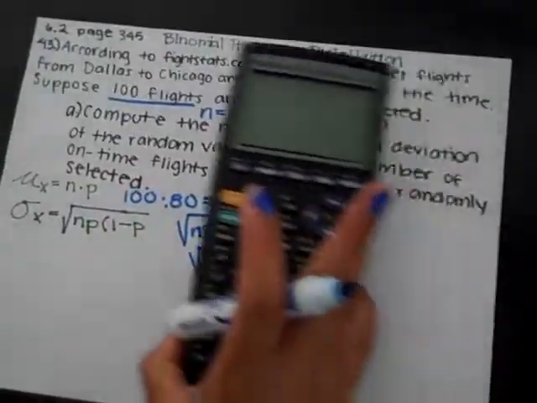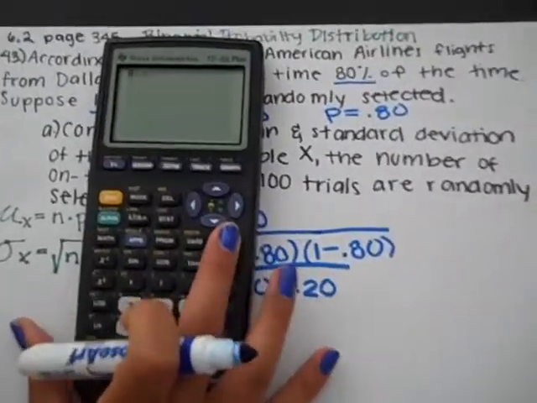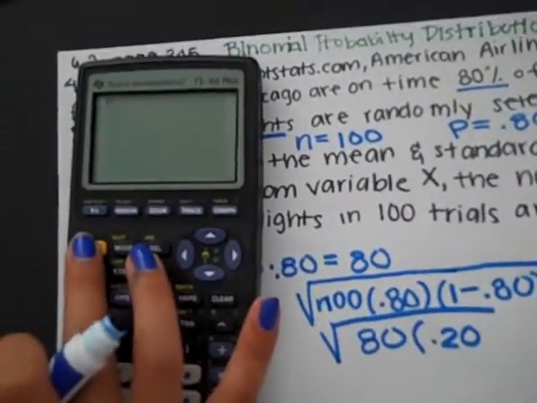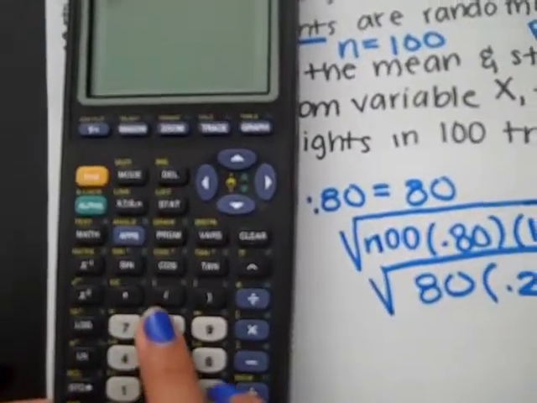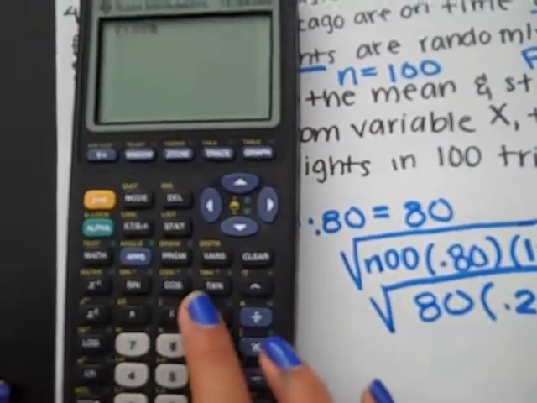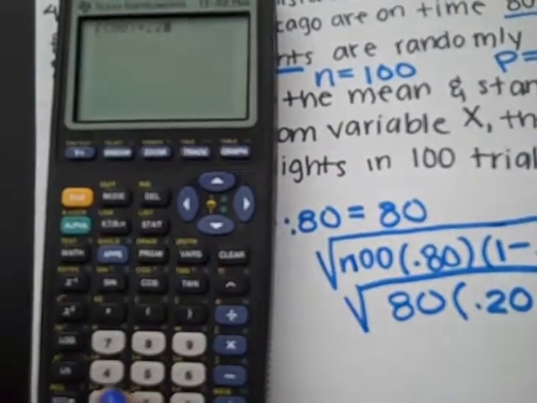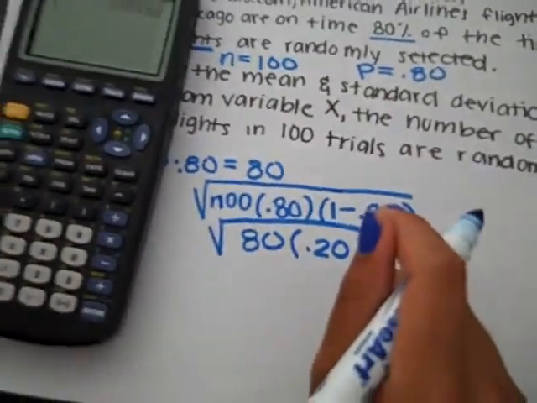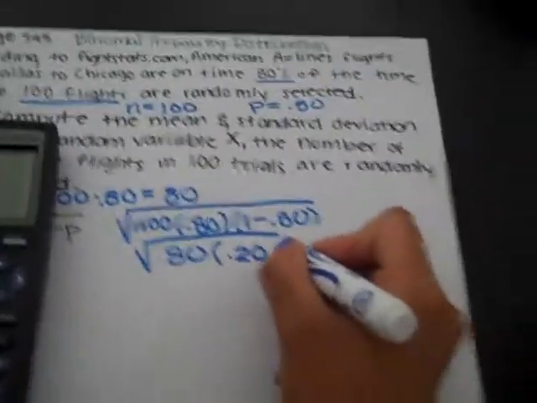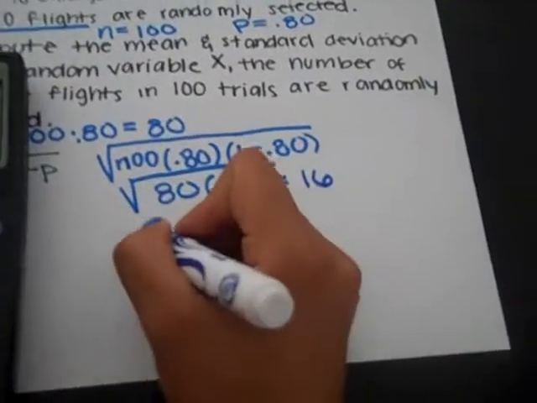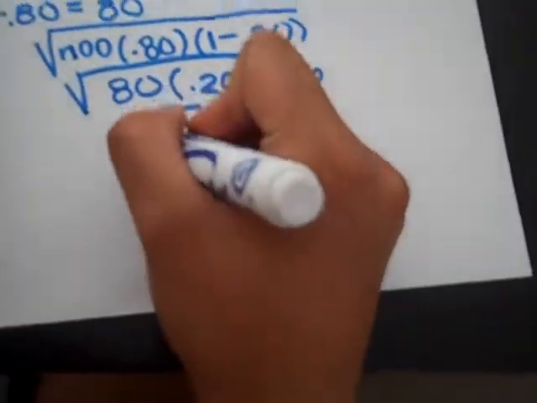You can plug it into your calculator by pressing second, then x squared, which is the square root, then 80 times 0.20 equals... I did it wrong. 80 times 0.20 equals 16. Now you just have to find the square root of 16.